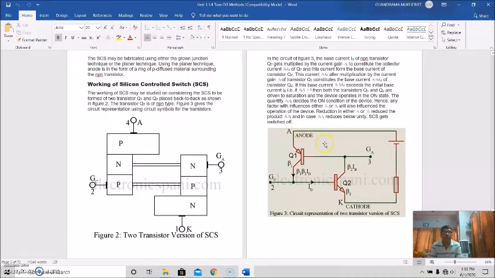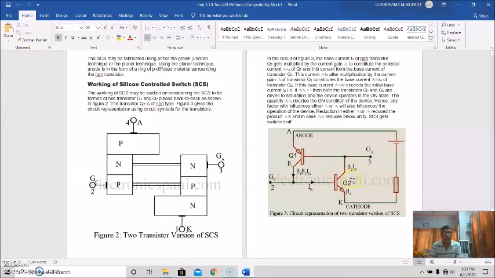In this circuit, the base current IB of the NPN transistor Q2 gets multiplied by the current gain beta 2 to constitute the collector current, which is equal to beta 2 IB.